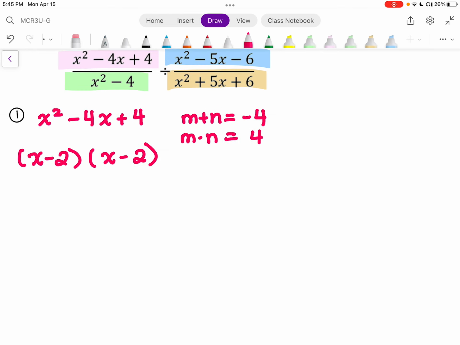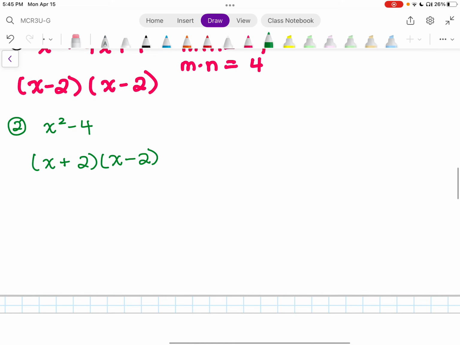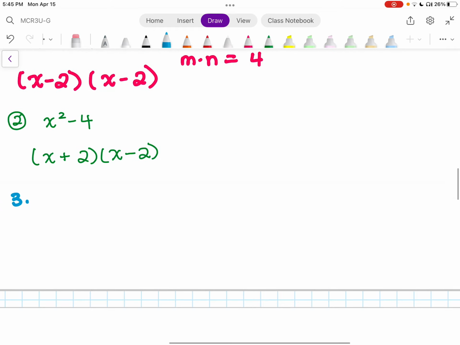Moving on to our green one, that's a difference of squares, right? x squared minus 4. So we take the square root of the first term, the square root of the last term, plus, and the other bracket is minus. Then we have x squared minus 5x minus 6.